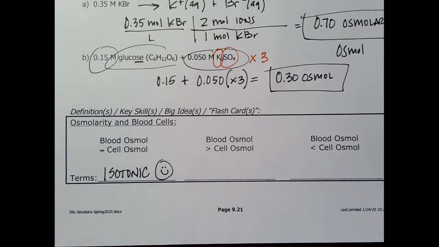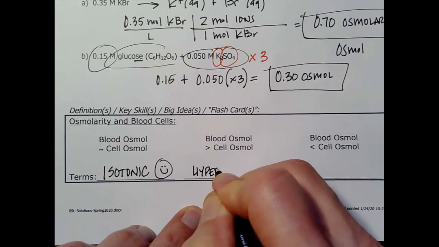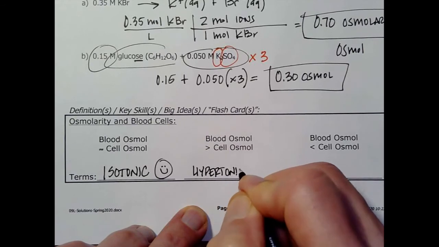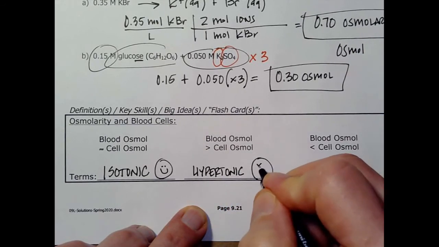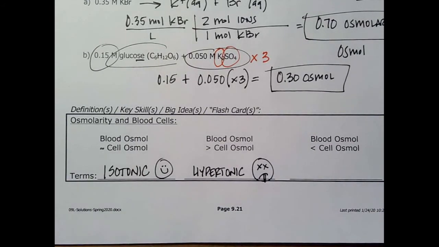And the blood cells are happy for reasons that we're going to see later. If the osmolarity of the blood around the blood cells is greater, we say this is hypertonic. And for reasons that we'll see later, the blood cells are unhappy.